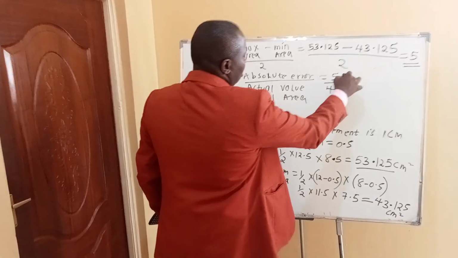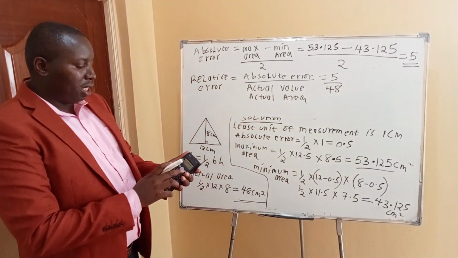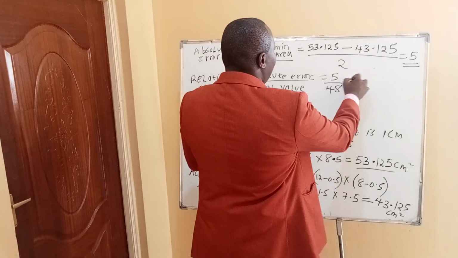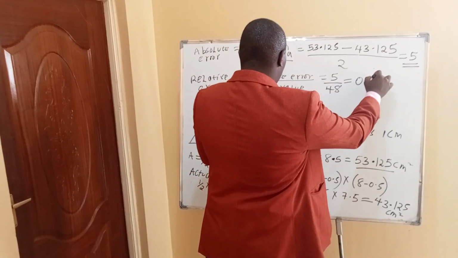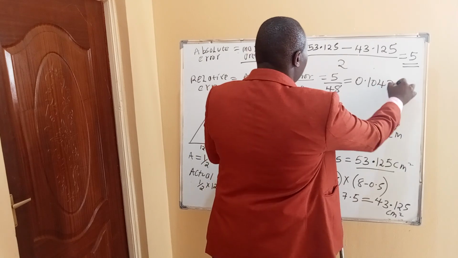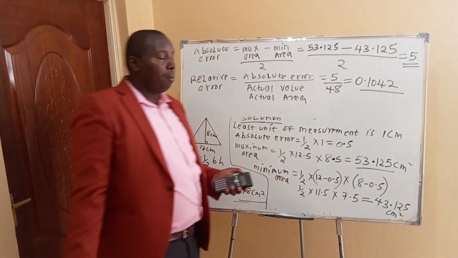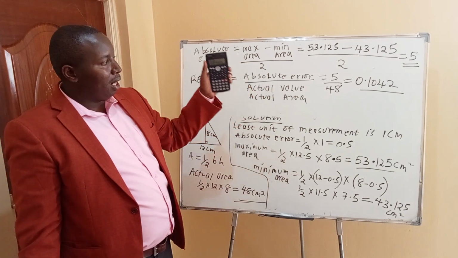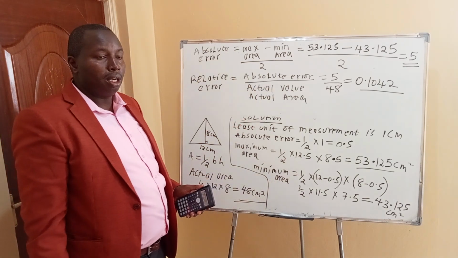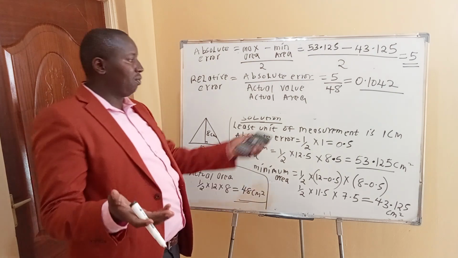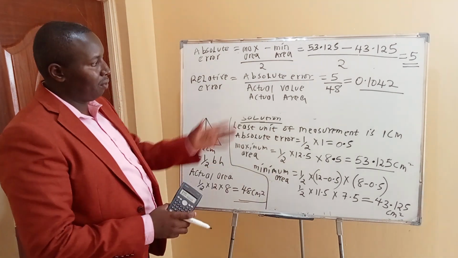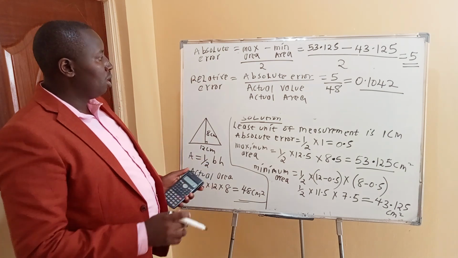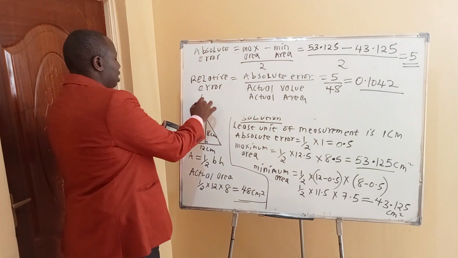So that is 5 over 48. Take 5 divided by 48 and you get the relative error, to 4 decimal places or 4 significant figures, as 0.1042.